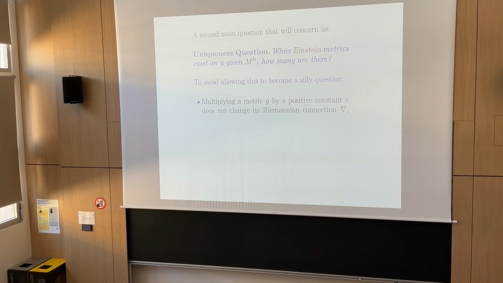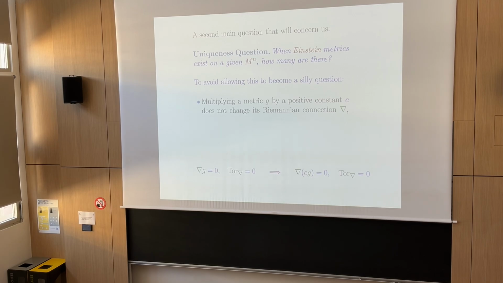The point is that in general, if you take any metric and multiply it by a constant, that does not change the Riemannian connection. I beat a dead horse by reminding you of the conditions that characterize the Riemannian connection, the Levi-Civita connection: it's a torsion-free connection and the covariant derivative of the metric is 0. That means if you multiply the metric by c, c times the metric also has covariant derivative 0, so it must have the same Levi-Civita connection.